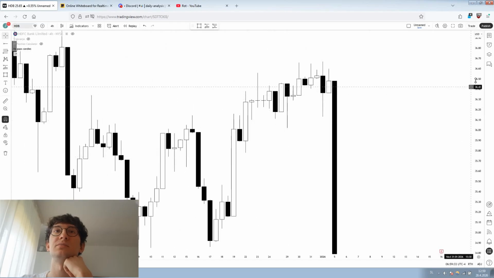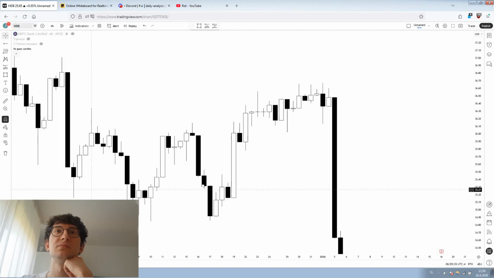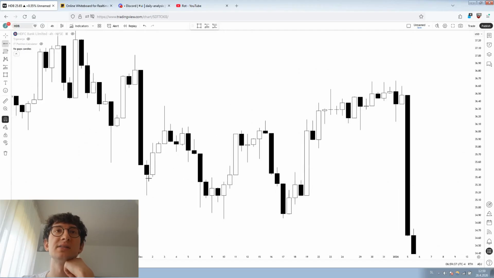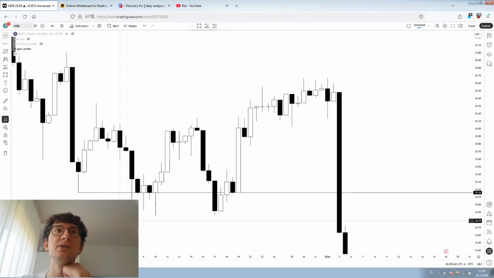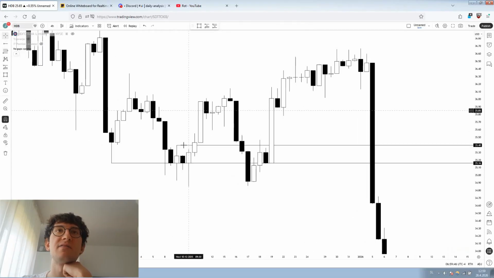Good. Okay, maybe we can take a look at this example as well over here. So we have tons of liquidity sweeps. Then over here we have a break of structure, and the candle between the swing high and break of structure that reached the lowest point was obviously this one, okay.